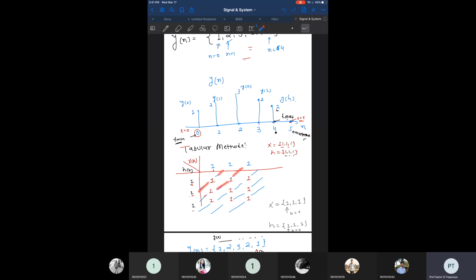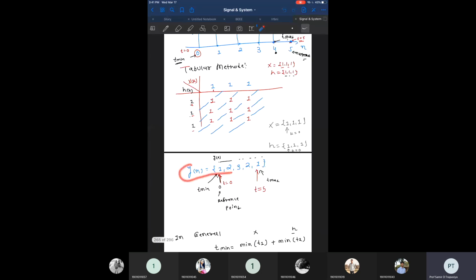But once y of n is obtained by this tabular method, we don't have an idea of where t is equal to 0, which is the reference line. We don't know at which value of the time axis this amplitude is located.